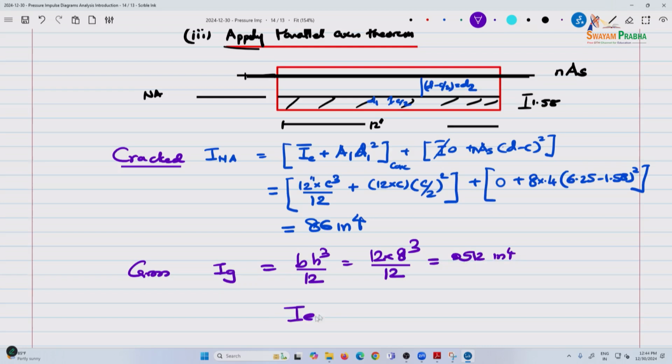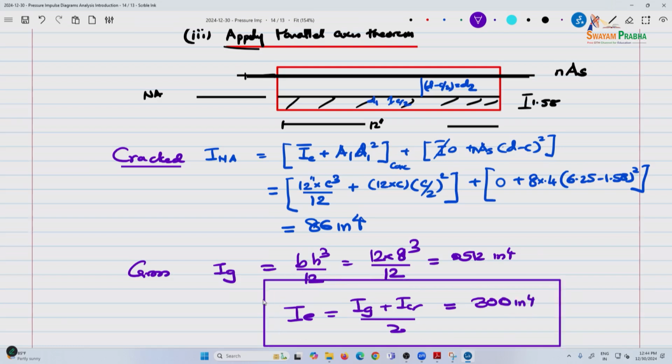And you can say the I effective. There are other methodologies. The I cracked has to be less than that. So it depends. If you take I effective to be now 300, you might come back later and say, no, the blast is going to completely crack it up 100%. Can I use 84? It's a big difference, right? 84 versus 312. It's really up to you.